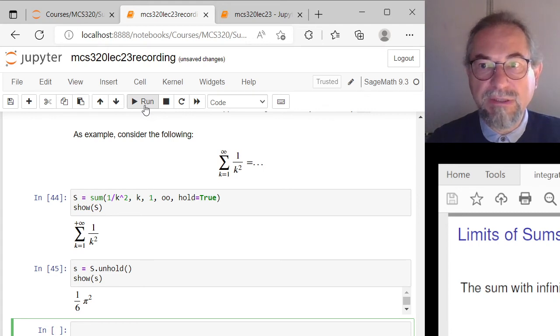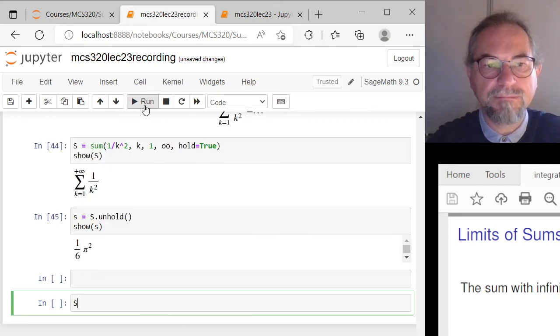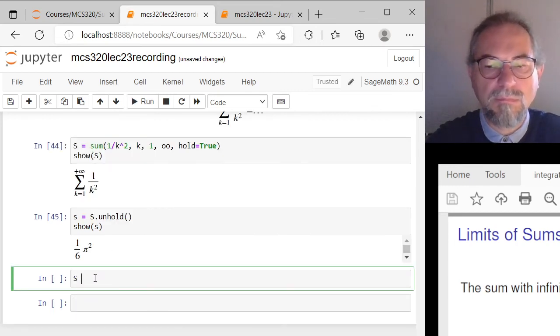So alternatively, one can define the sum for an n and then ask for the limit. So that might be the last thing that I want to show. So I can define the sum as the sum of 1 over k squared, where now k goes from 1 to n.